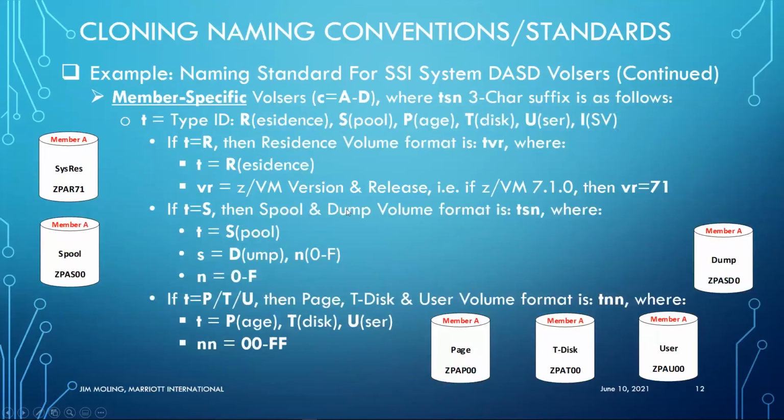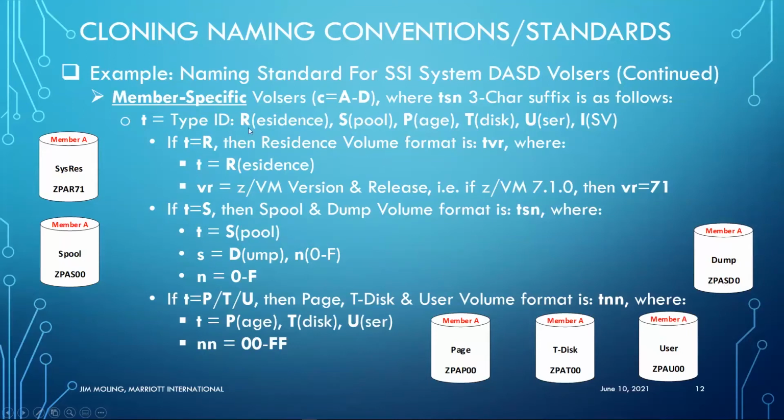Now we're at the member-specific side. So now the third position is a member, and as I'm showing here in the red at the top of each of these example volumes, these are all member A volumes. And lo and behold, the third position is an A. So Z for VM, P for production, A for member A, and then what follows after that can be more of a variety than on the shared side of the house.